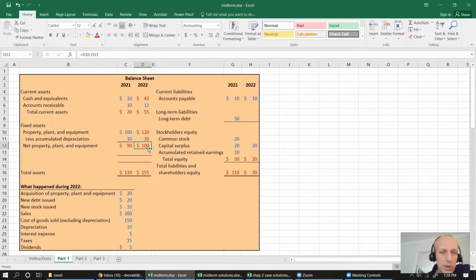And so net property, plant, and equipment is $100, a $10 increase. That makes sense because we bought $20 worth of new equipment, but we also had $10 depreciation. So total assets are 155 in 2022.